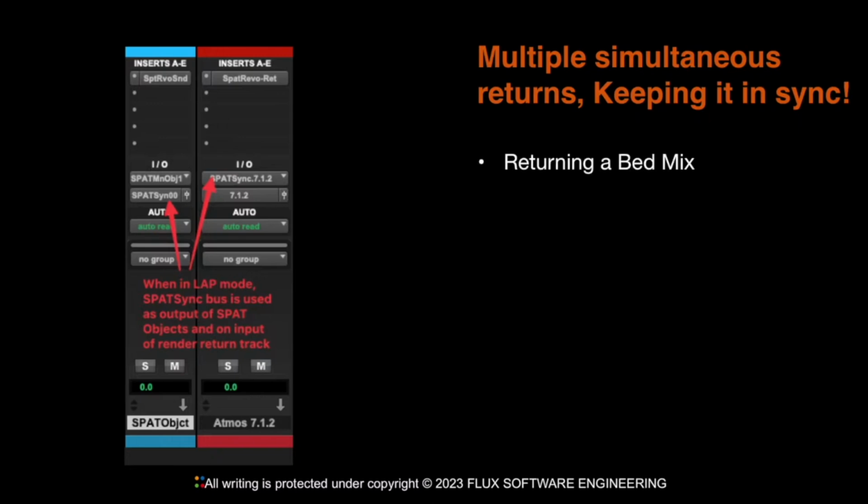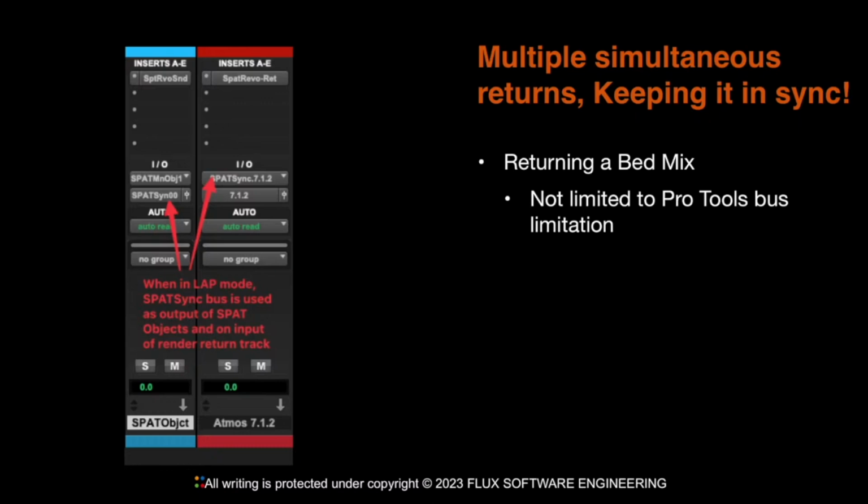So maybe we're returning a bed mix. This would be a 7.1.2 in the example there. And a little parenthesis on this one: we are not limited to Pro Tools bus limitation. Well, now that slide has aged a bit. For people prior to 2306 with Pro Tools, there was obviously some bus limitation, ambisonic third order, 7.1.2 buses.